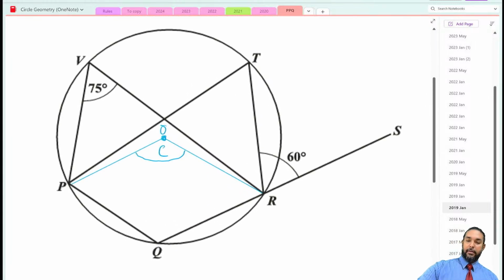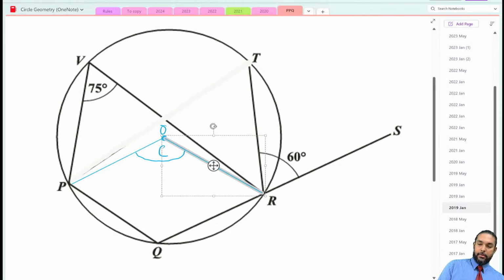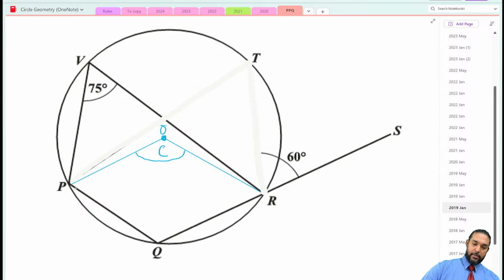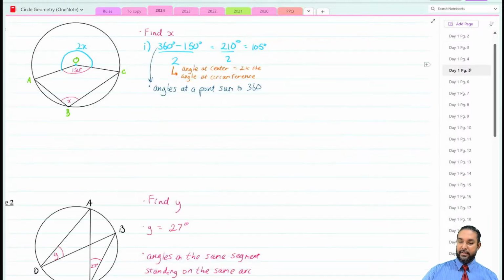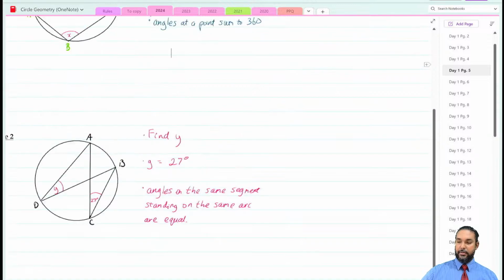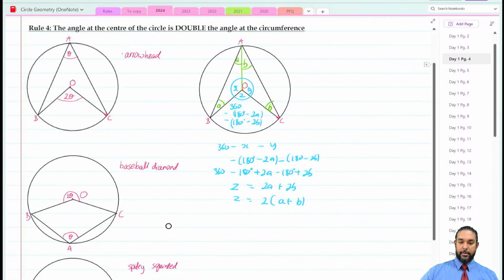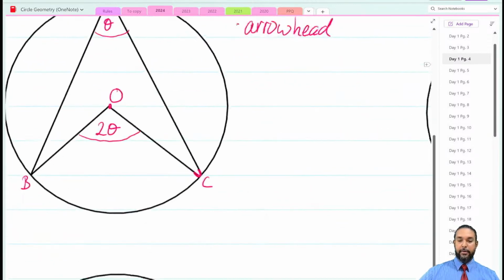So let me blank out something here, right? Now, you could either blank out that side of it. Right. So you mightn't recognize this right off the bat, but it is, in fact, this rule here.